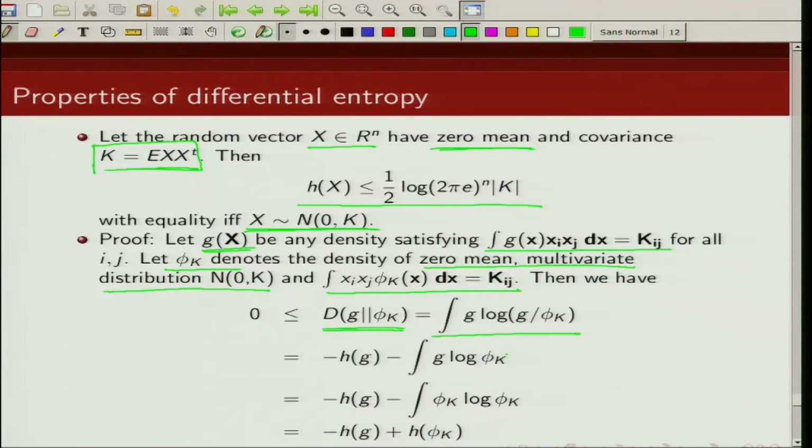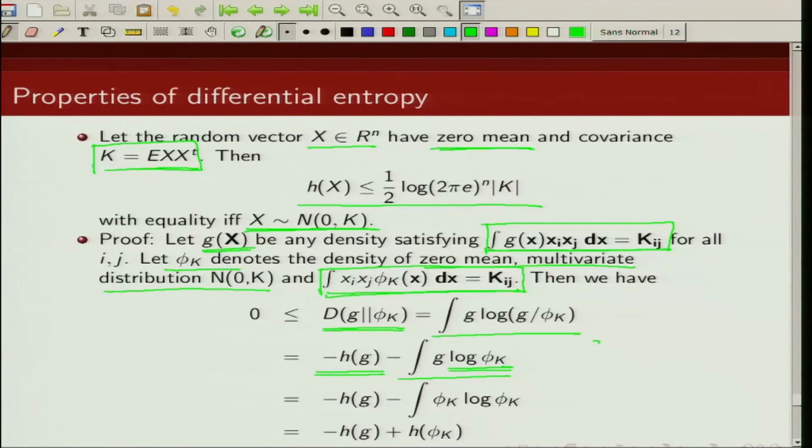Now this can be written as minus differential entropy of g minus integration of g log phi K. Now log phi K is of quadratic form, and we have been given that g and phi K have the same covariance. So integration of xi xj phi K dx is the same as integration of xi xj g of x dx.